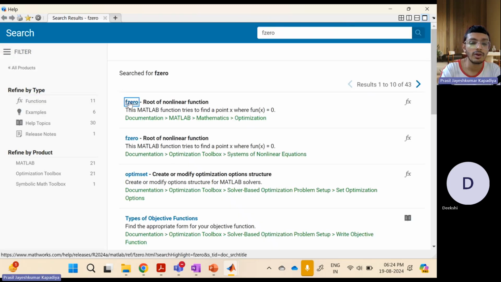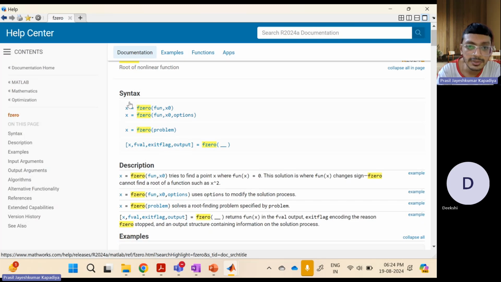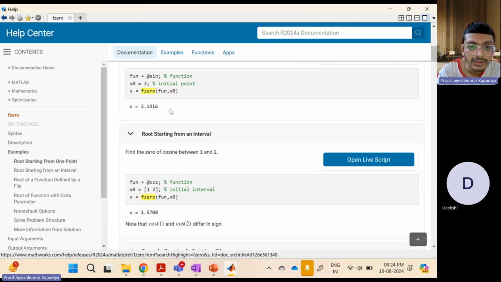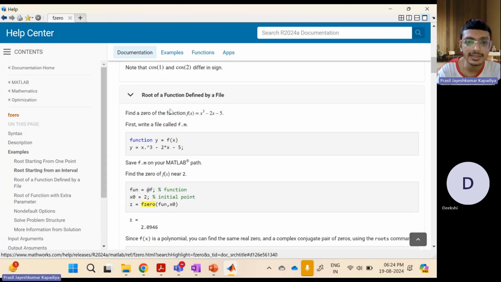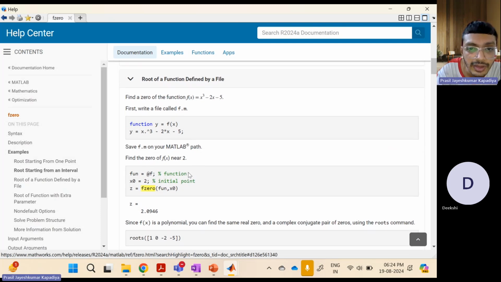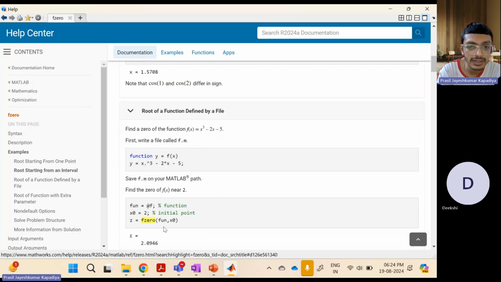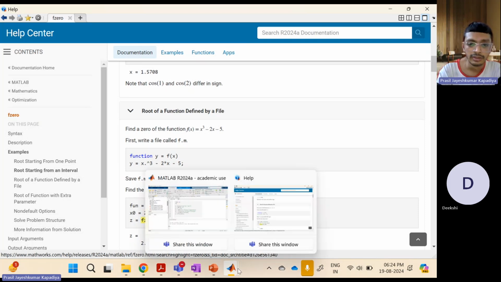Using the f0 command, x is equal to f0, I write down the function, meaning the equation, and an initial guess. Let's take an example, x cube minus 2x minus 5. I need to solve it, so f0 is equal to the function, comma x0, the initial guess.